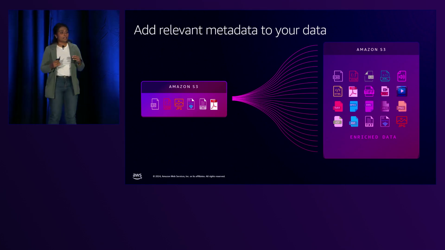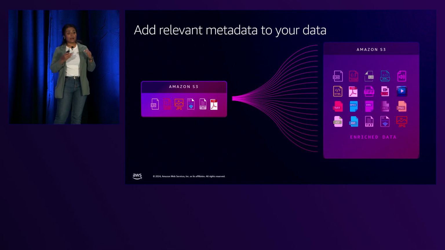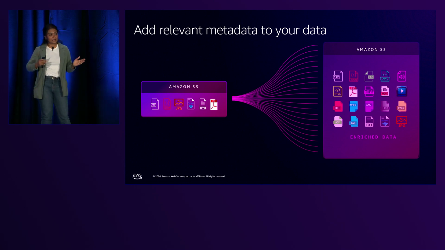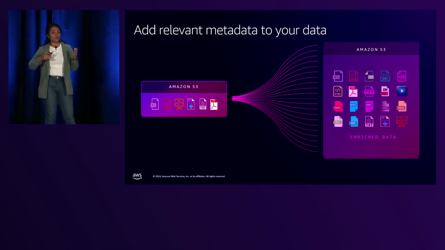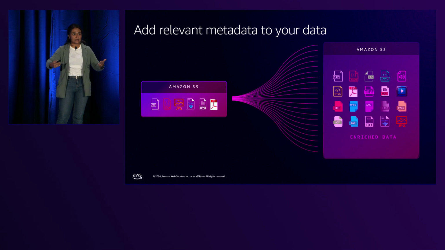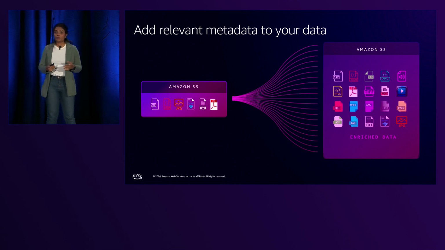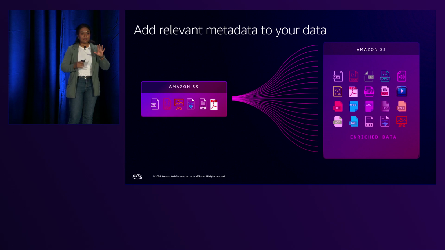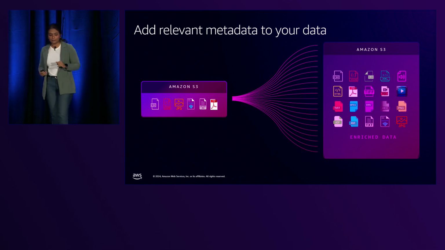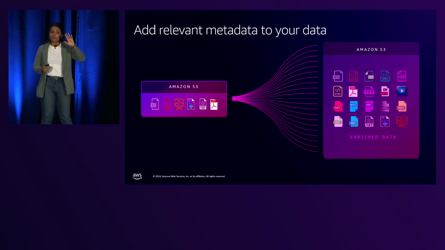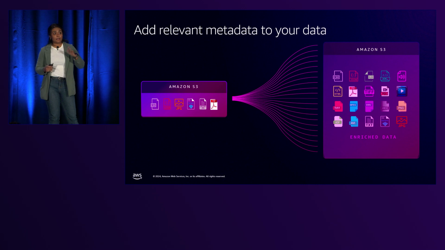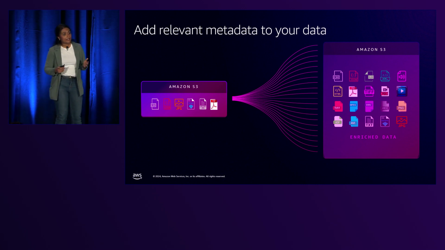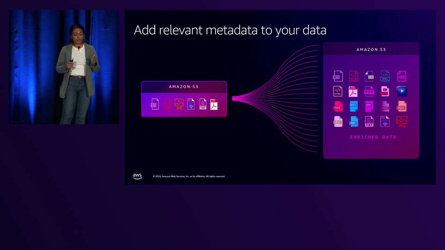Because with those formats, you're not only teaching the model how to interpret a specific sentence, you're also teaching the model how to interpret similar such sentences. A lot of our customers will use large language models as well as Amazon SageMaker to do this type of data classification and labeling. Now, you've added this metadata to your data, but how do you store it? Again, AWS provides a number of different options.